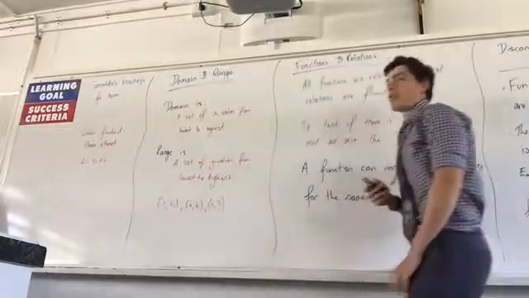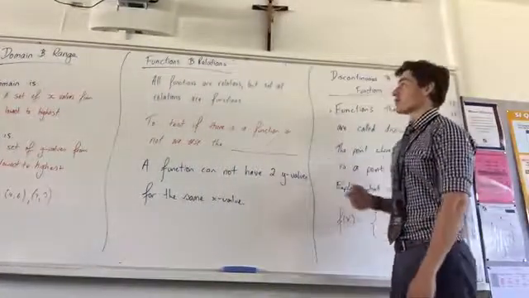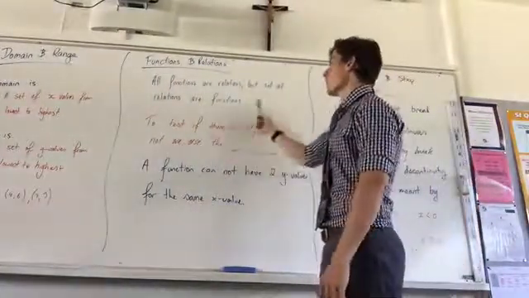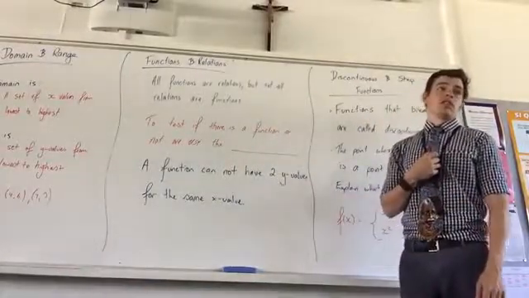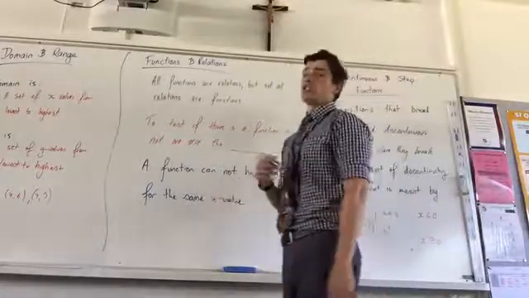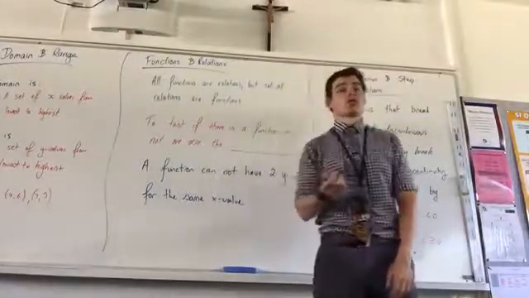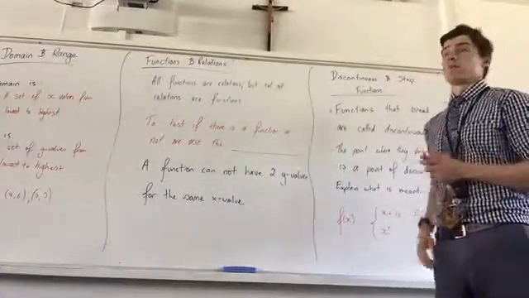More often than not when we're asking about range and domain, we're asking about the possibilities for a function. Okay, so all functions are relations, but not all relations are functions, as we know. An example of a relation that is not a function would be something like a circle. A circle is a relation, but it is not a function.